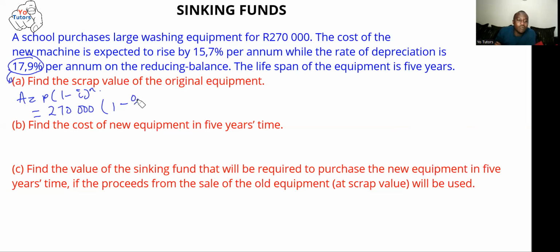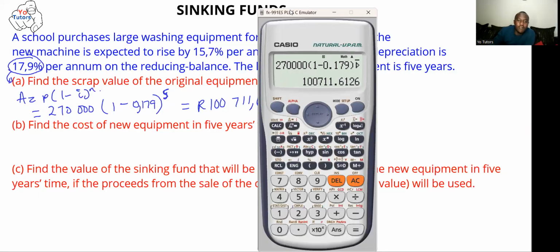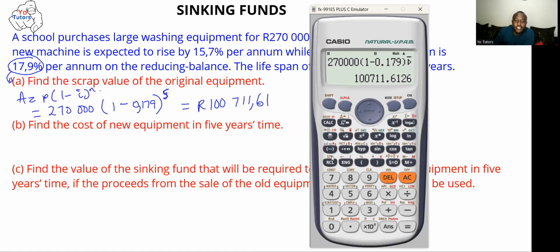And it's going to be 0.179, it's not over anything there because it's per year, to the power of, how many years there? It's 5 years. Yeah, that's our value there. So we can say shift store in A. Let's just save our value there.